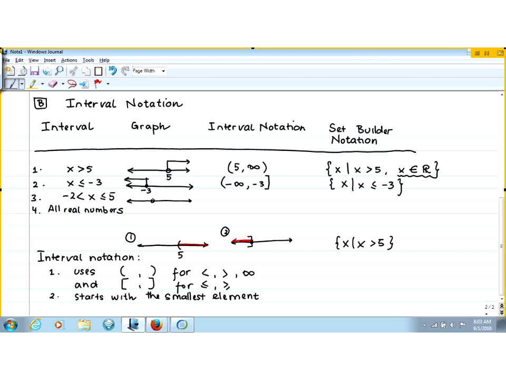What do you do? -2, open, close. Open 5, close. Okay. So how do I write my interval notation? Yeah. Okay. So this one is x such that -2 is less than x, less than or equal to 5. Right? Okay. Pretty easy.